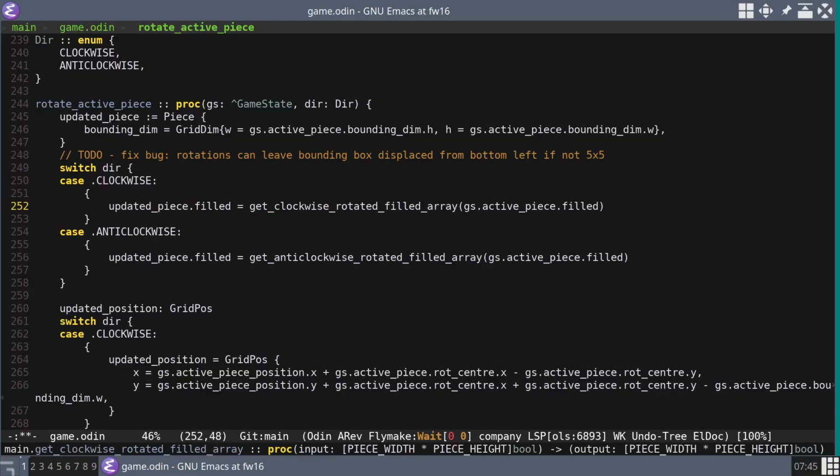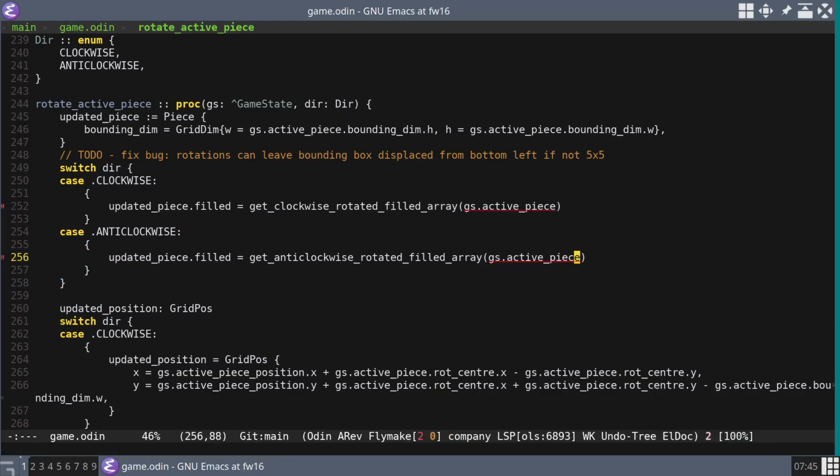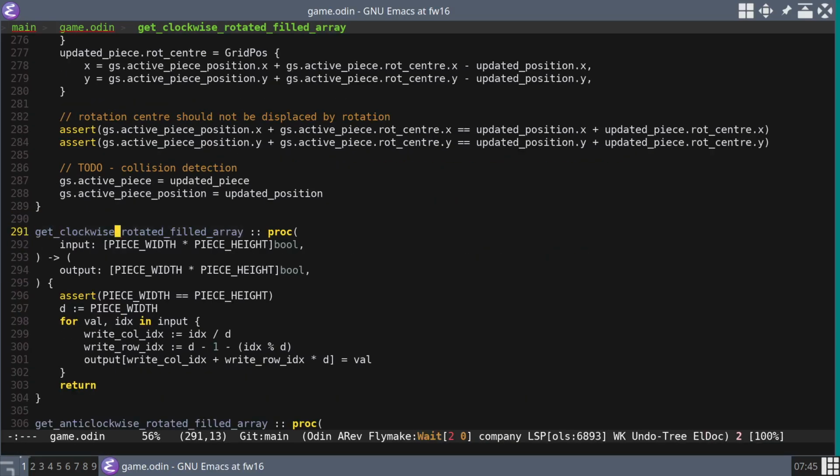I think it's going to have to take... I mean, should it just take the whole piece? Because it needs the bounding dims, and that's on the piece. Instead of that, we're going to take in a piece of type piece. We're going to output the new filled.